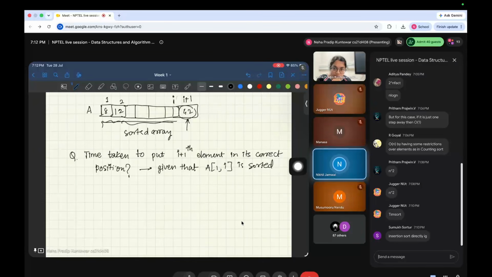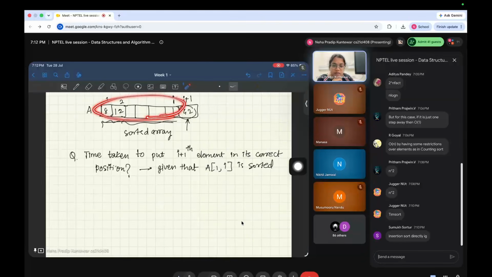How many elements are there in the array? You have I elements that are already sorted, and you are trying to put this I plus 1th element in this array of size I plus 1.